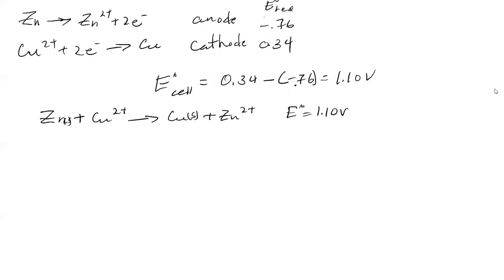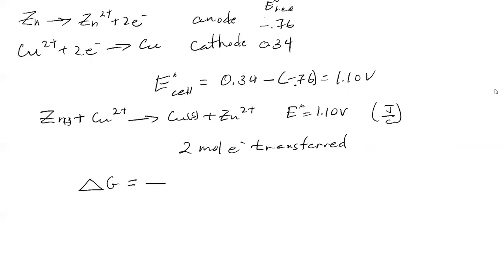And overall, there are two moles of electrons transferred. And volts is joules per coulomb. So if I figure out how many coulombs 2 moles of electrons is and multiply it by the volts, I'll get the energy.